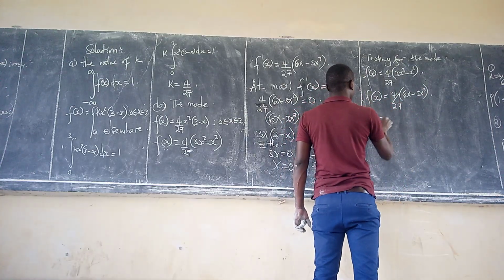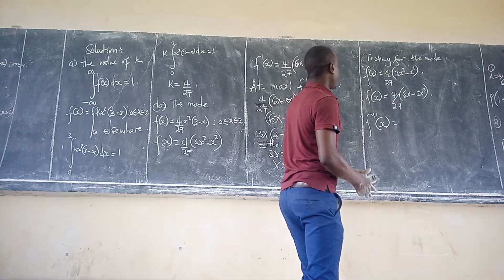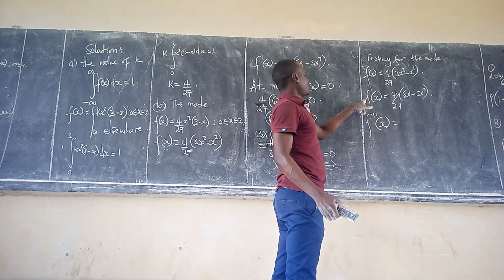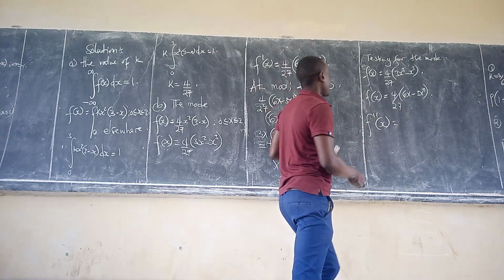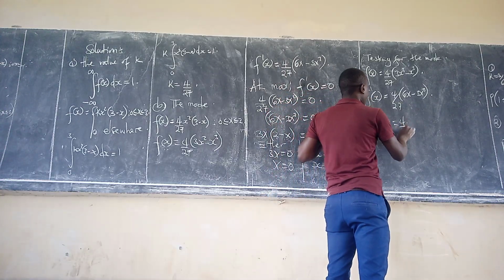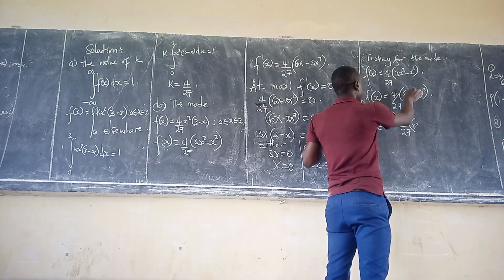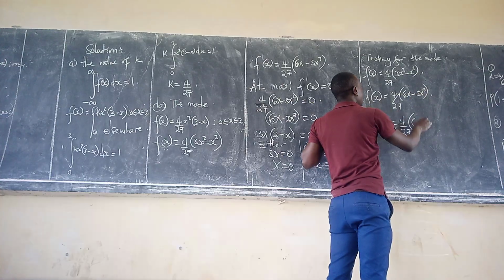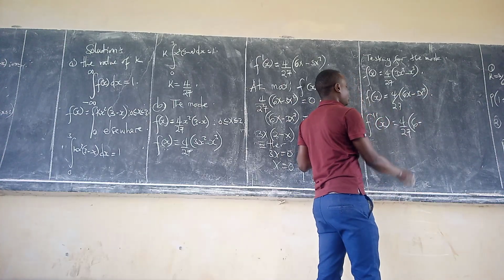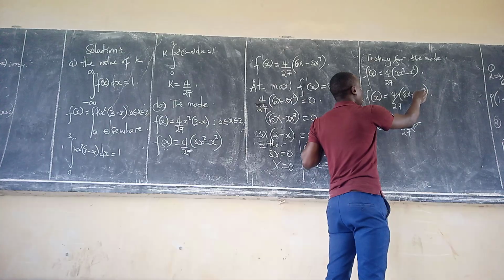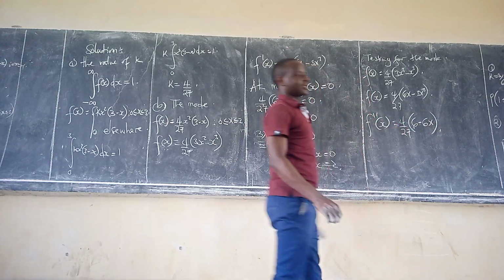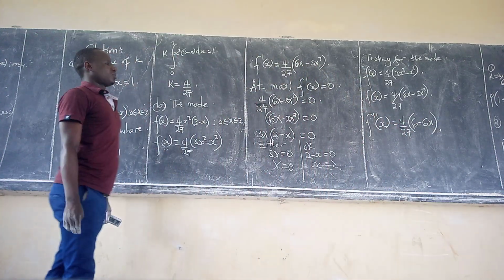Now the second derivative, which we are supposed to use to test: if you want f double prime, differentiate f prime. So we shall have 4 over 27 into 6, since when you differentiate 6x, you get 6. When you differentiate negative 3x squared, the 2 drops, and 3 times 2 is 6, so negative 6x. So that is our second derivative.